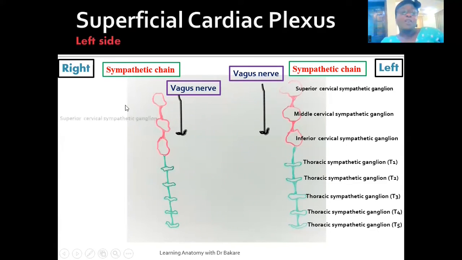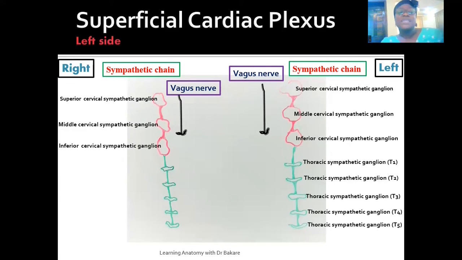So from the sympathetic component first, we have the cervical region of the sympathetic component, and this is divided into 3 sub-regions. We have the superior cervical sympathetic ganglion. This is what is seen at the most superior part. Then inferior to the superior cervical sympathetic ganglion, we have the middle cervical sympathetic ganglion. Then the next one is the inferior cervical sympathetic ganglion. And as we have on the right side, so also we have on the left side. Inferior to the cervical sympathetic ganglia, we have the thoracic part of the sympathetic ganglia. And this will include the first thoracic sympathetic ganglion.